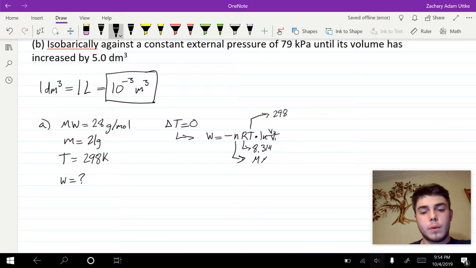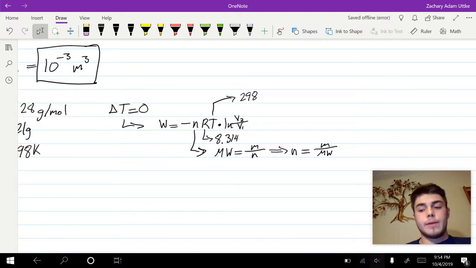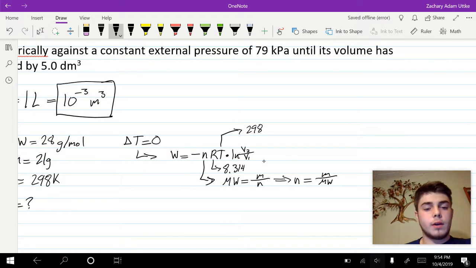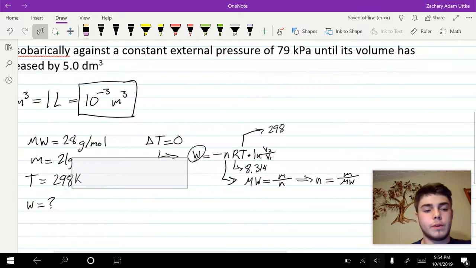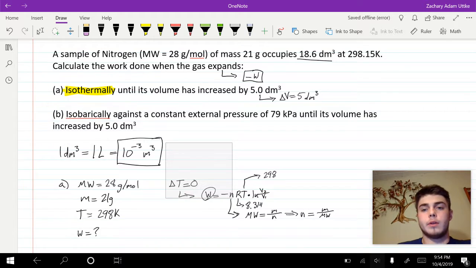So if molecular weight equals mass divided by moles, we can rearrange that to find moles as mass divided by molecular weight. Okay, so we have n, we have R, and we have T, and if we're calculating W, we need V2 and V1. So let's see what we can get for that. A sample of nitrogen occupies 18.6 times 10 to the negative third meters cubed.